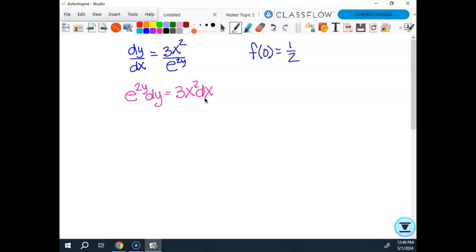All right, so now we're going to throw this in here. And when I go to integrate this, what do I need to do? Okay, but is there a reverse chain rule? If I'm taking the derivative, it is totally chain rule.